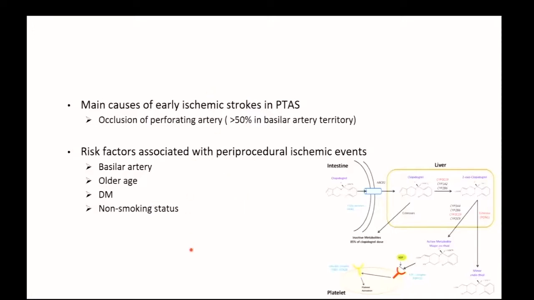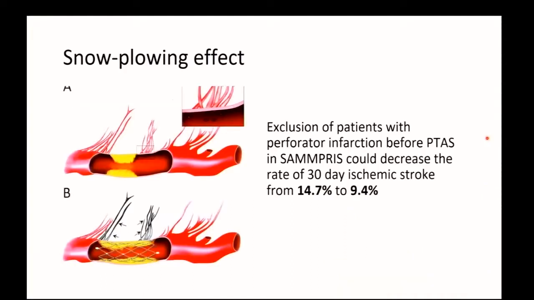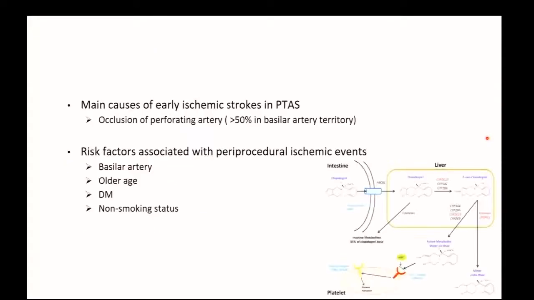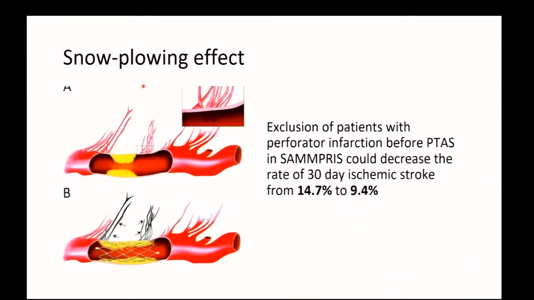But the trend is that nicotine activates Plavix to its active metabolite, like nicotine activates the CYP enzyme that converts Plavix to its active metabolite. And after the balloon stent group, where 50% of the strokes were in a perforator pattern, we learned about something called the snow plowing effect.